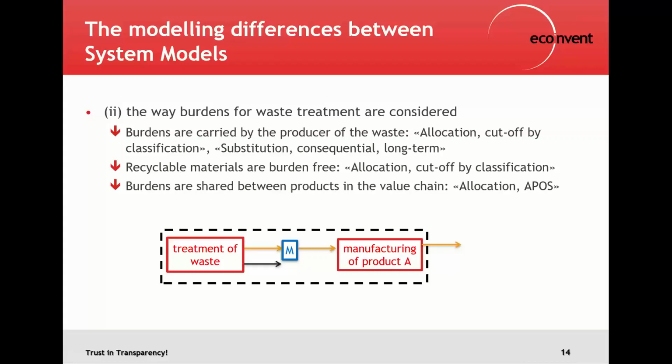There's a small system expansion that will be done in order to allocate together the product A, whose manufacturing has generated the waste, and any valuable product that is produced while treating the waste. So allocation will happen at this level. So in the end, the burdens of treating a waste will be shared between the producer of the waste and eventually other activities in the value chain that are making use of useful products obtained from treating the waste.